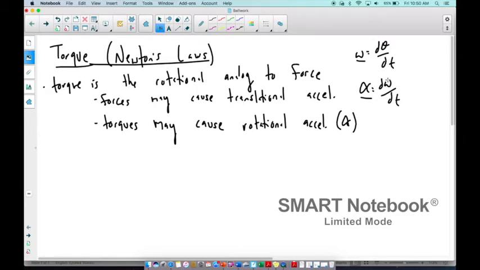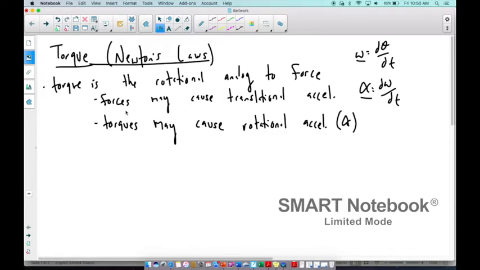How is the velocity changing? Well, every object that's rotating will have an omega. And what I'm saying now is that in order to cause an object to change how it's rotating, to speed up or slow down, or even to begin rotating, if its initial angular velocity was 0, there has to be a torque acting on it.